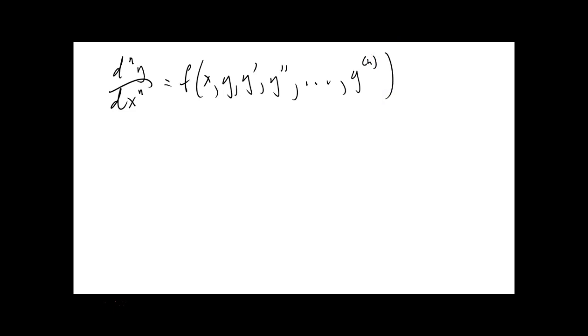Now, that by itself is going to give you what? What's going to be the solution of that? The general solution. You're going to have a family of functions with how many parameters? n, the number of derivatives you have.